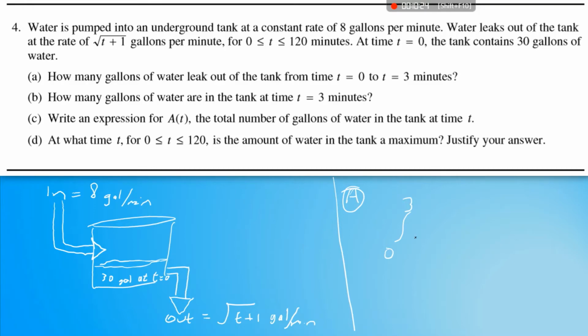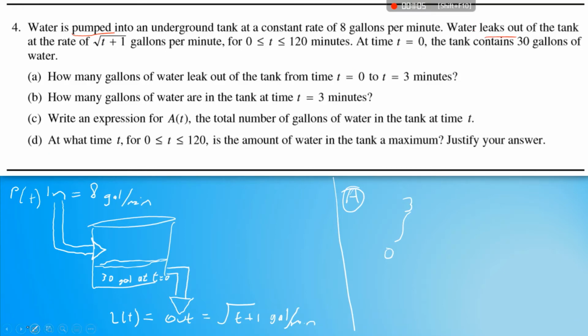So I'm going to integrate our rate out. I'm going to call my rate in P of t and my rate out L of t, for pumped and leaked respectively.